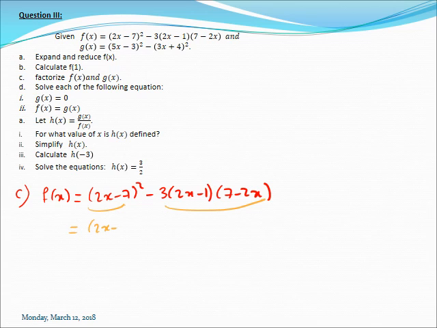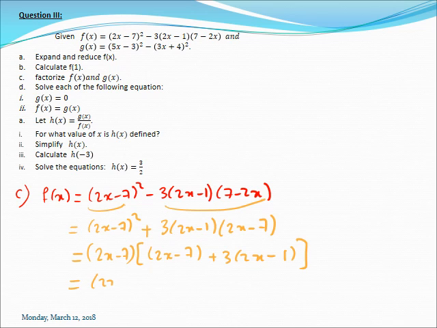It's equal to 2x minus 7 square plus 3 times 2x minus 1 times 2x minus 7, equal 2x minus 7 common, remains 2x minus 7 plus 3 times 2x minus 1, equal 2x minus 7 here, 2x minus 7 plus 3 times 2x, 6x, 3 times minus 1, minus 3, equal 2x minus 7 here, 2x plus 6x, 8x, minus 7 minus 3, minus 10.